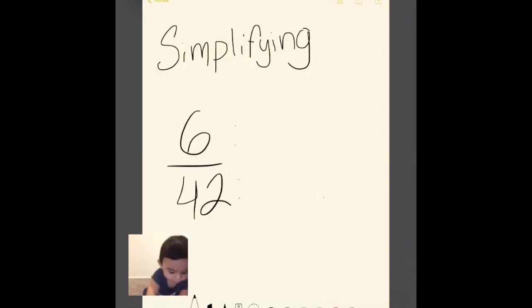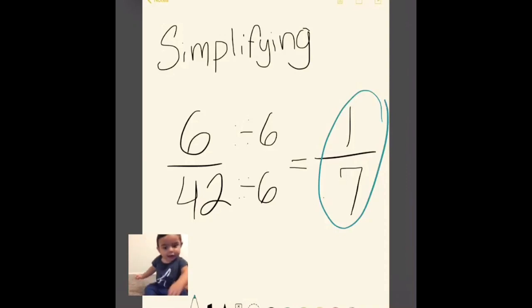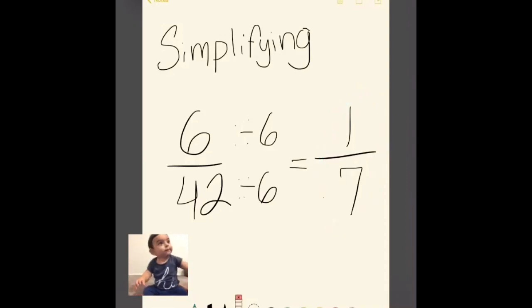If you said 6, that is correct. I can divide the top by 6, and I can divide the bottom by 6. 6 divided by 6 is 1. 42 divided by 6 is 7. So 6 over 42 simplified is just 1/7. Super easy.